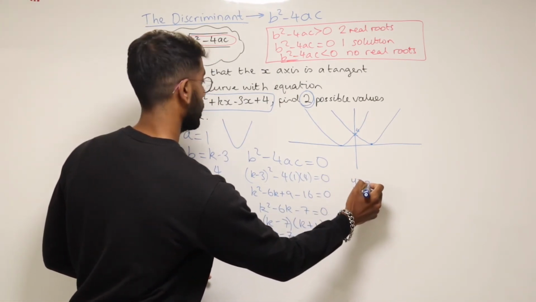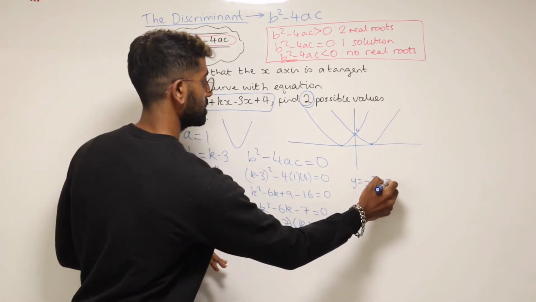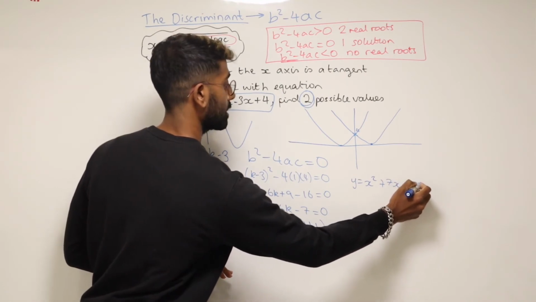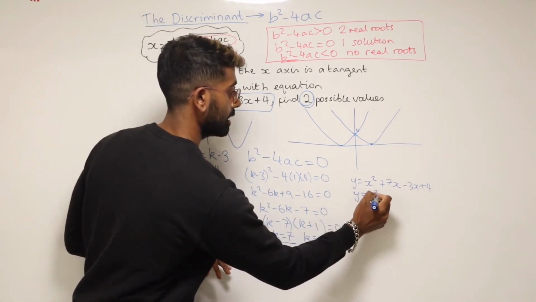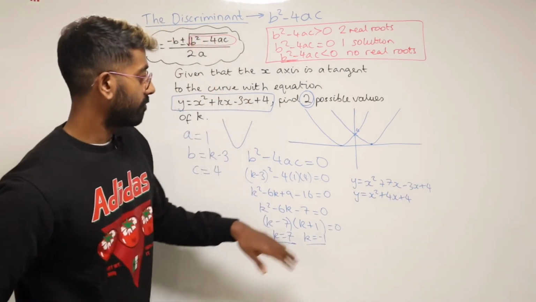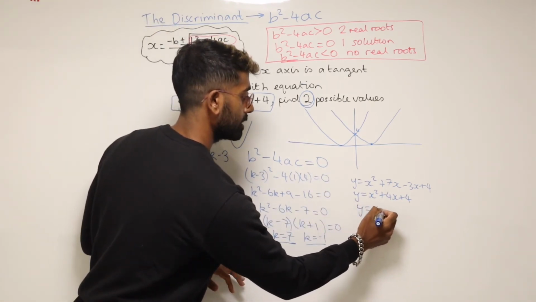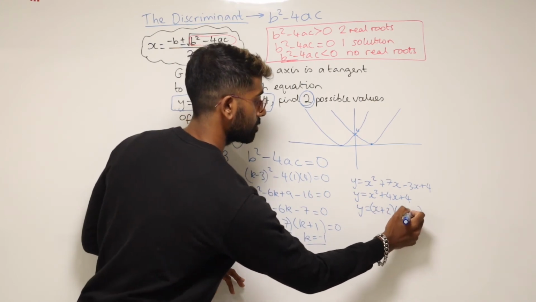So we'll have y equals x squared, and maybe let's try 7 first. So plus 7x minus 3x plus 4. And then if we simplify that down, that will be x squared plus 4x plus 4. Now if we were to go and solve this quadratic, that would be (x plus 2)(x plus 2) in fact.